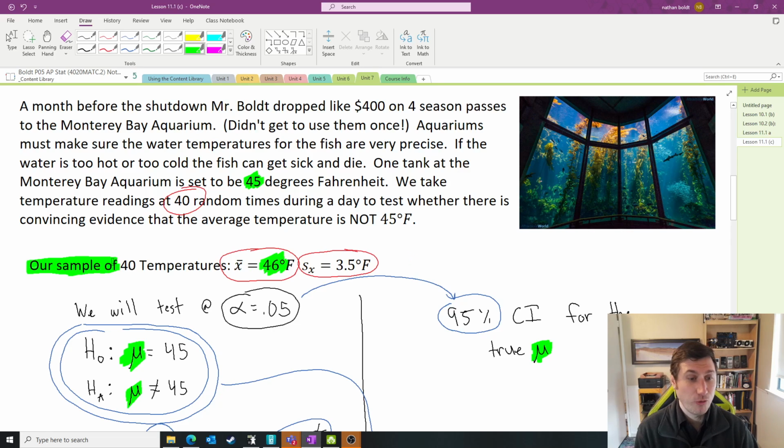We took 40 temperatures. Some were high, some were low. And the average of the sample was 46, with a standard deviation of 3.5. So that gave us some evidence that the average wasn't 45, right? We have some evidence that it's not 45. So we test it.